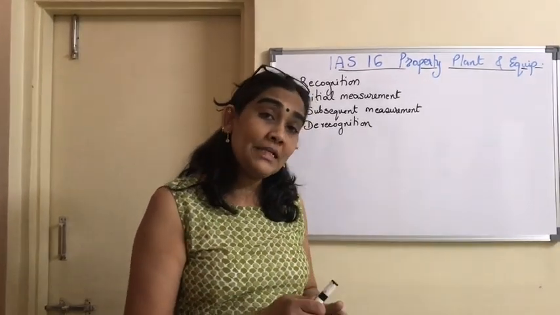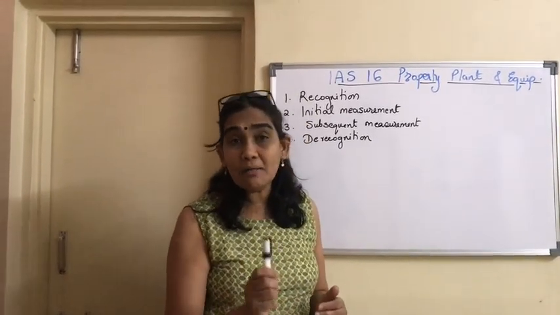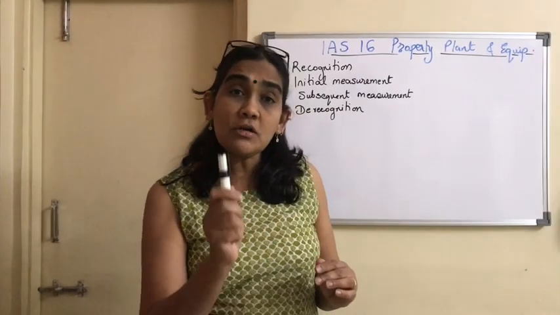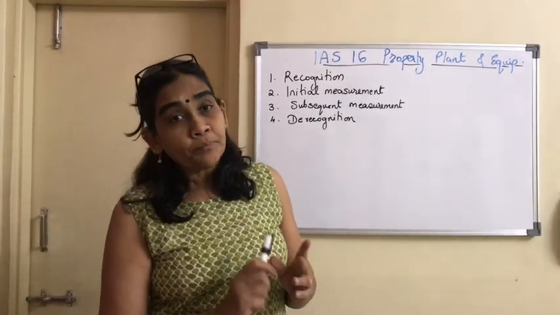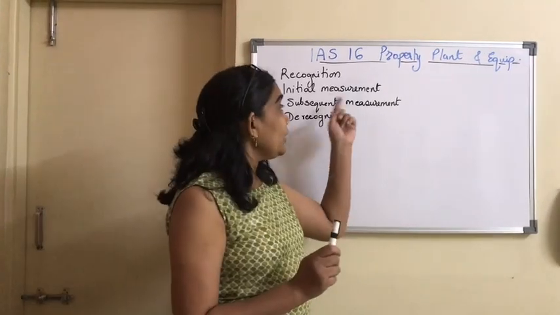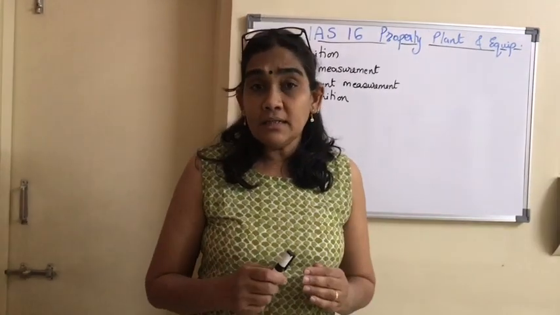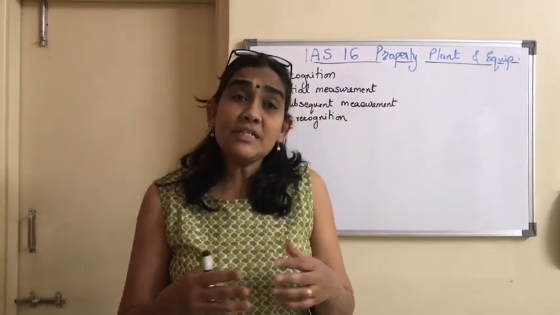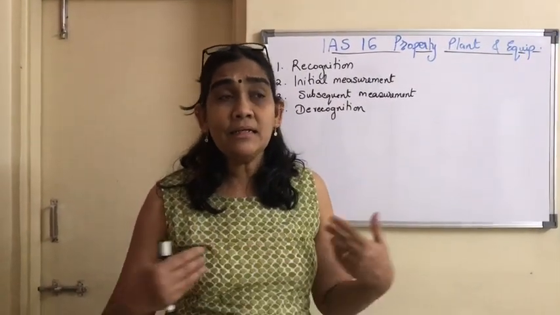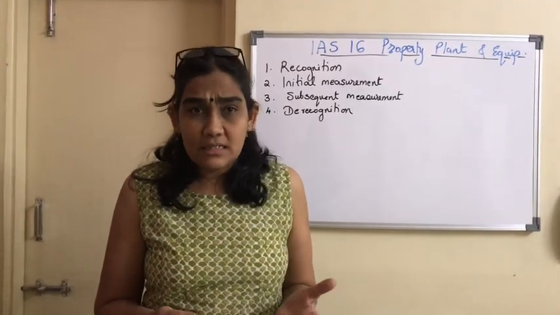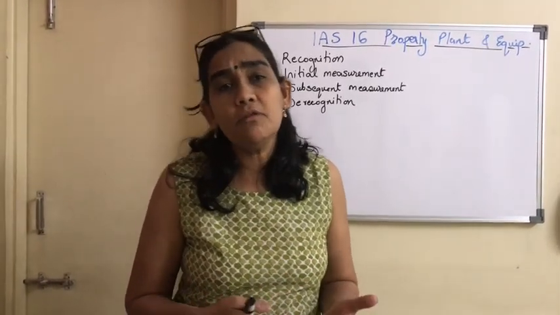All this you have already studied in FA, but there is one more cost, which is the future cost of dismantling the asset. It may happen that you will use the asset for, let's say, 10 years. After 10 years, you may have to dismantle the asset and dispose of the asset. So there is probably a cost involved there.